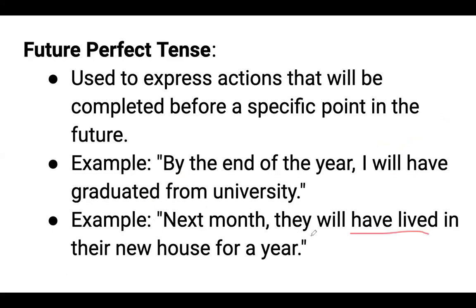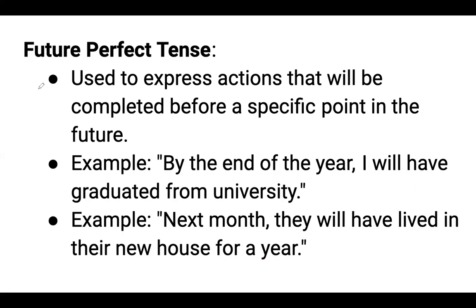It means they have not yet lived in their new house for a year, but you are stating that by the end of next month they will have lived there for a year. It means they will have completed 1 year next month. Did you understand it?